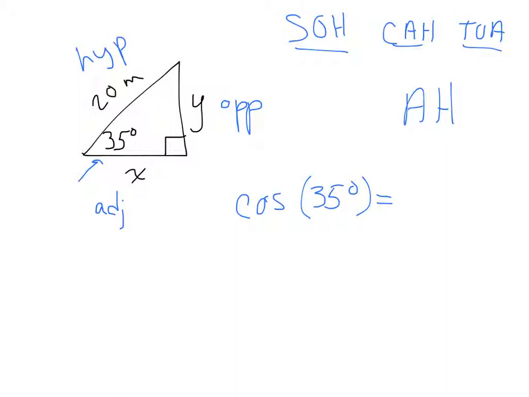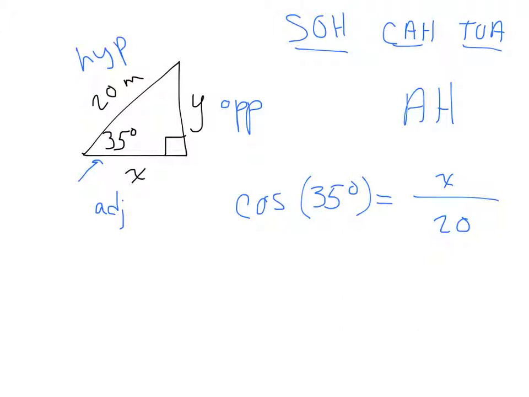Now, we write it the same way we would write it in the previous slide. What's the adjacent in this case? Be careful, the angle is 35. The side length that is adjacent here is x. The hypotenuse, which goes in the denominator, is just 20.